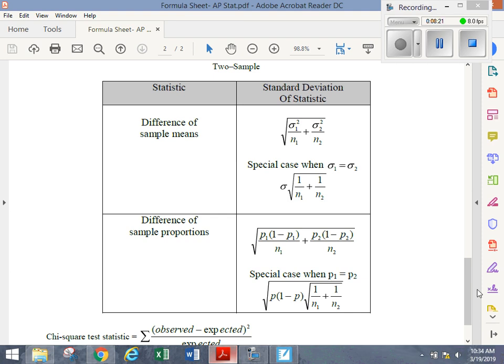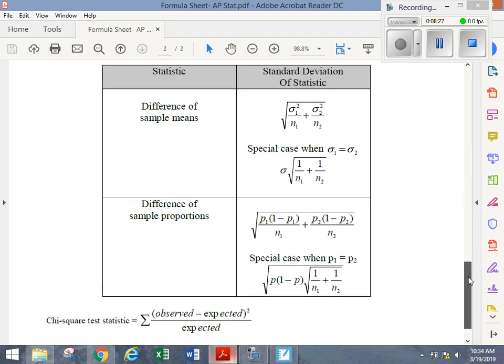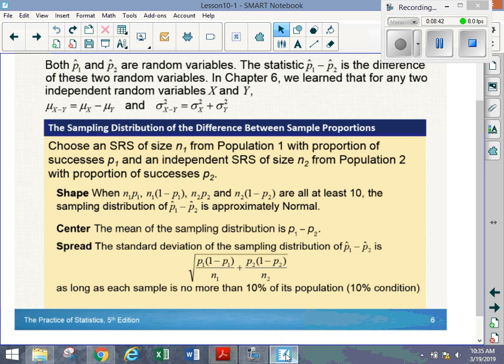We'll be looking at that top one under difference of sample proportions. So that's where you'll find it. Good thing you don't have to memorize it. The only thing you're going to have to really memorize for this is what to do with a pooled proportion. We'll get to that here in just one second.